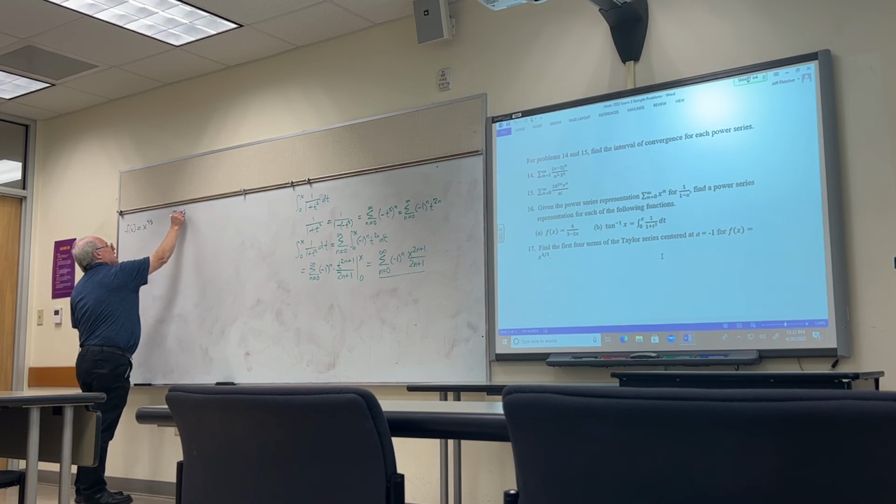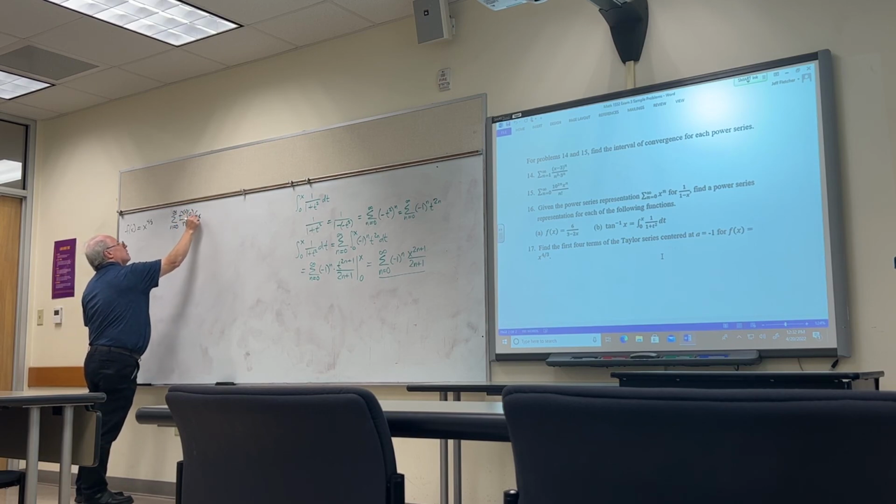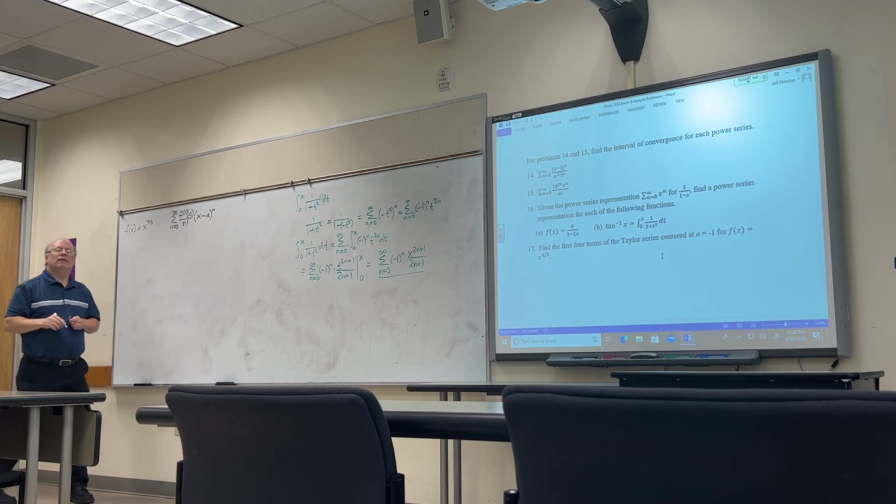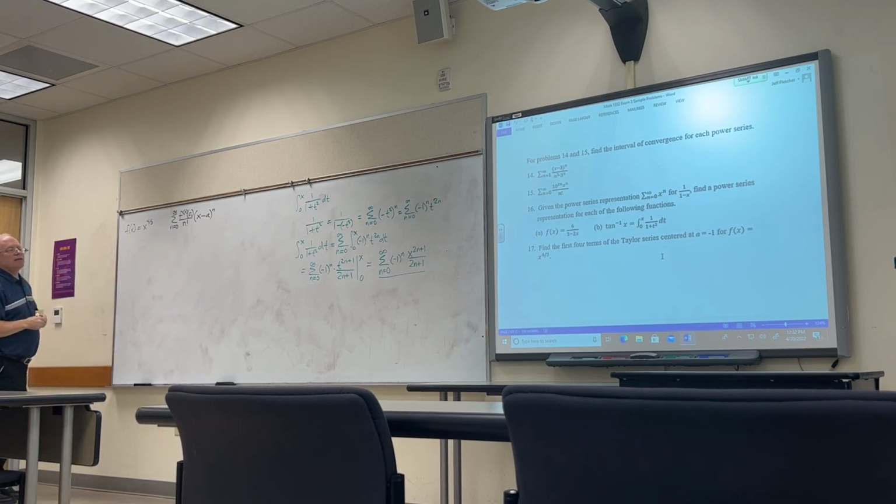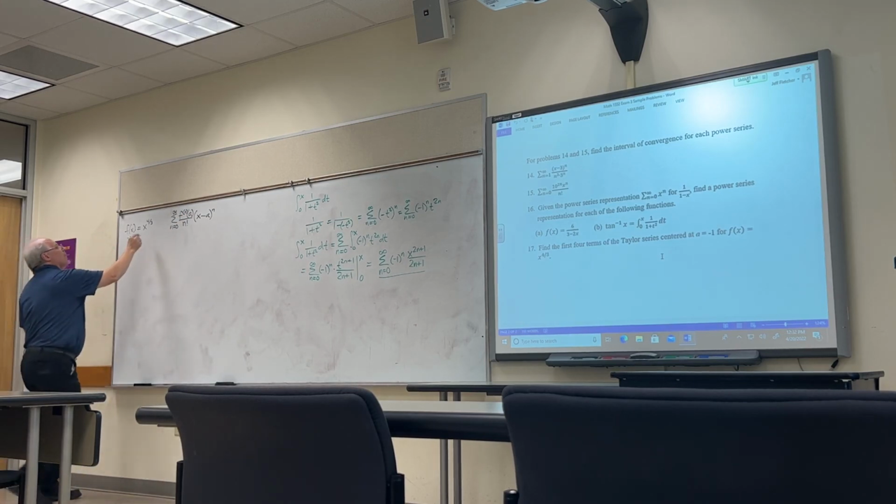Remember, you take the nth derivative of f at a, over n factorial, times x minus a to the n. And in this case, a is negative 1.